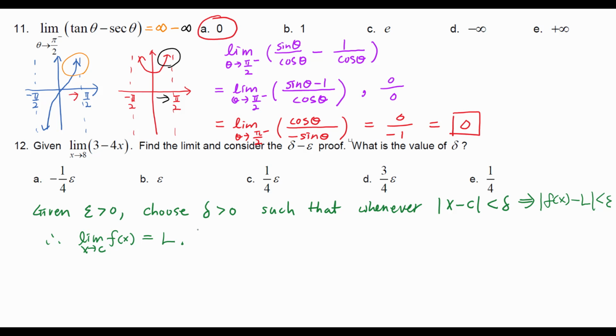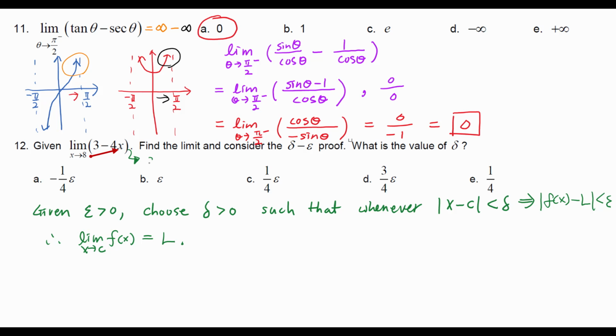So let's try to do this. Our c here is 8. It's easier if you designate all those things. And then my function f of x is 3 minus 4x. We need to find L, and that's easy to do since all we have to do is plug it in. So let's plug it in here.